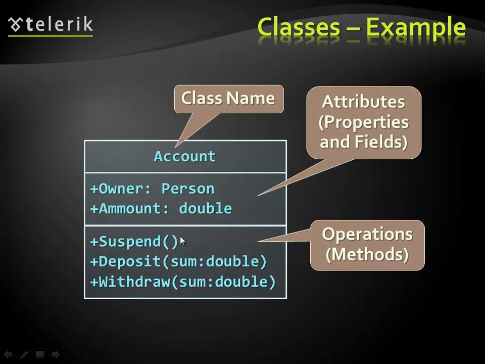And the class has certain methods. So if we have an account, we can suspend it, we can put a deposit, and that will require us to give a certain sum, or we can withdraw. We'll have to specify a certain sum. So that will be our structure.